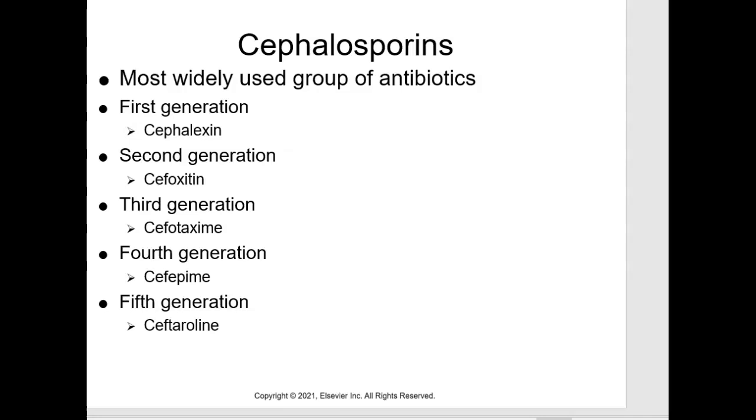So antimicrobial spectrum versus adverse effects versus pharmacokinetics could also make the decision for you of which generation of cephalosporins you would want to give. All cephalosporins can also produce or promote C. diff, so you have to be just as careful to have them report the frequency of their diarrhea.